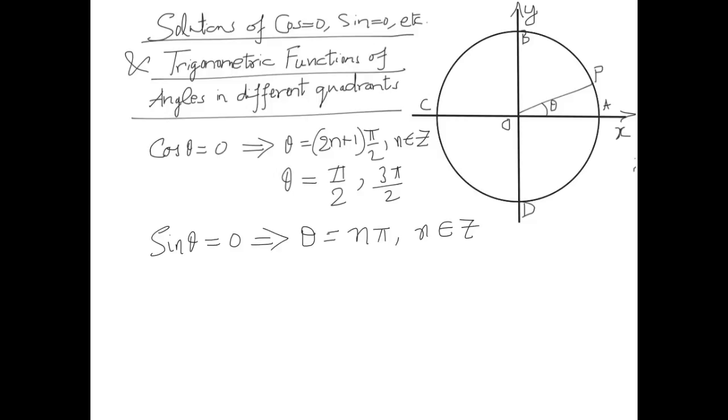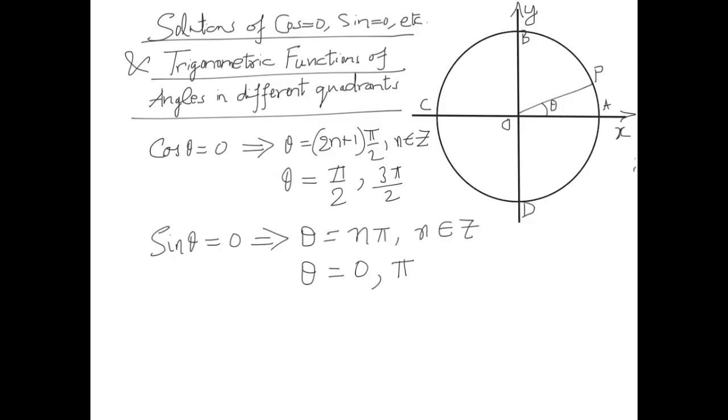And what would be the principal solution out of this set of general solutions? Those would be the values of theta that lie between 0 and 2 pi, 0 included. So when we substitute n is equal to 0, we get theta as 0 radians, that is when point P coincides with point A, and when n is 1, we get theta is equal to pi, and that is the principal solution when point P coincides with point C.